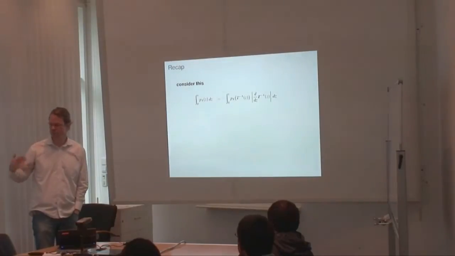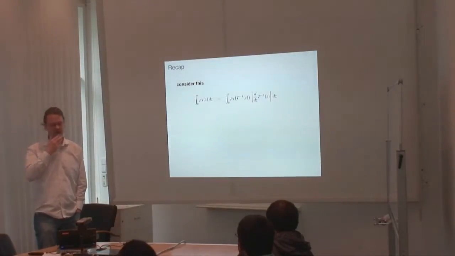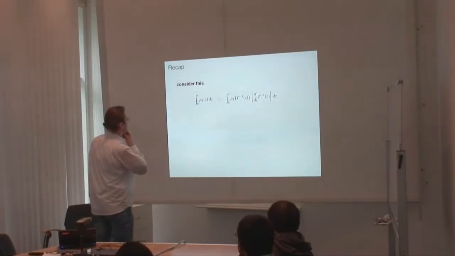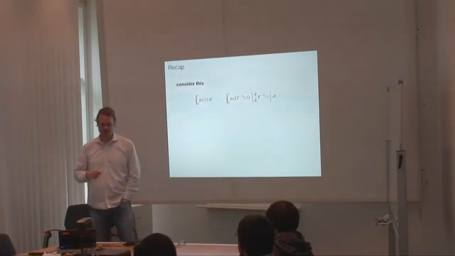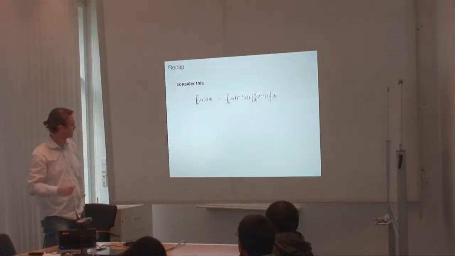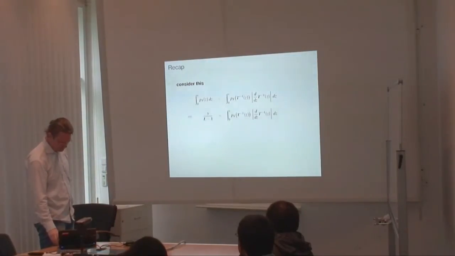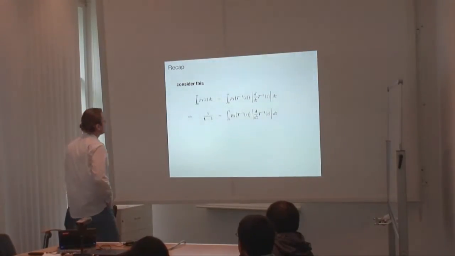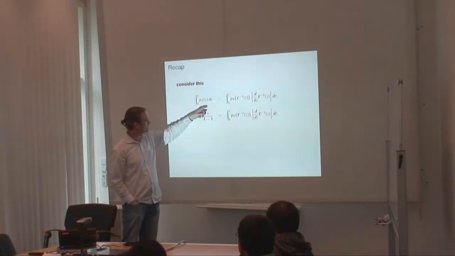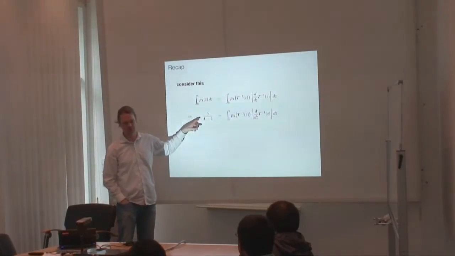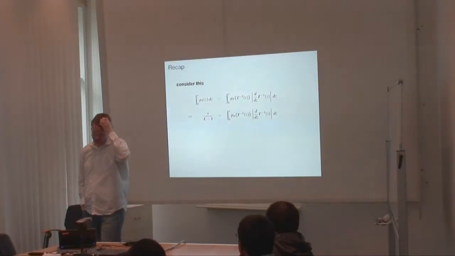This is what we did a couple of minutes ago. I have just substituted this by the corresponding expression in px. Now for the left-hand side, we already agreed that we want this to evaluate to that. So I just repeat that here.